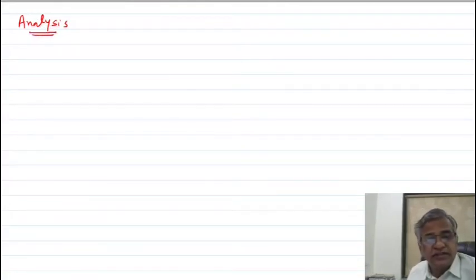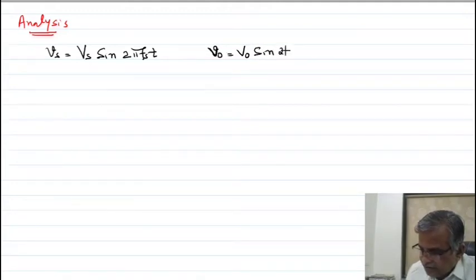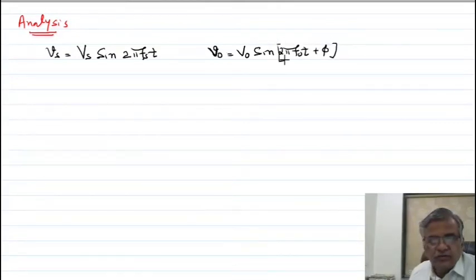We know that the phase detector is one type of multiplier. So let us say the input signal is given by this equation, and the signal coming from the VCO is given by this equation, where phi is the phase difference.